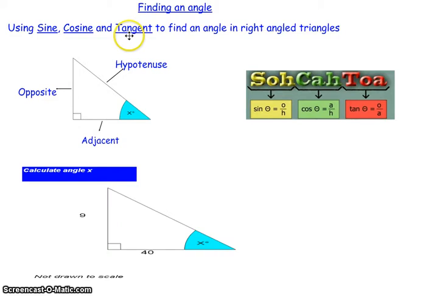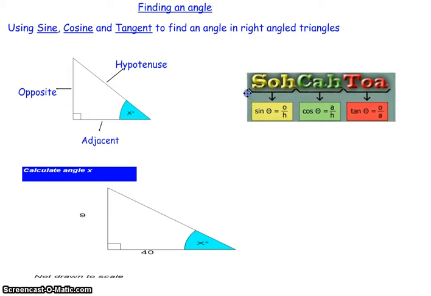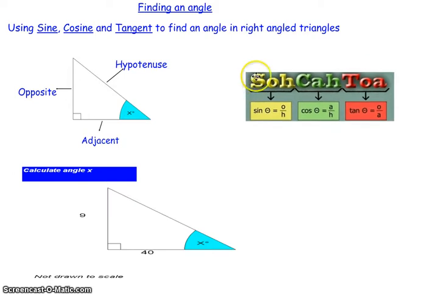or tangent. Now, to make it much easier for you as well, we have included a mnemonic device which is called SOHCAHTOA. Here the S represents sine, the C represents cosine, and the T represents tangent.